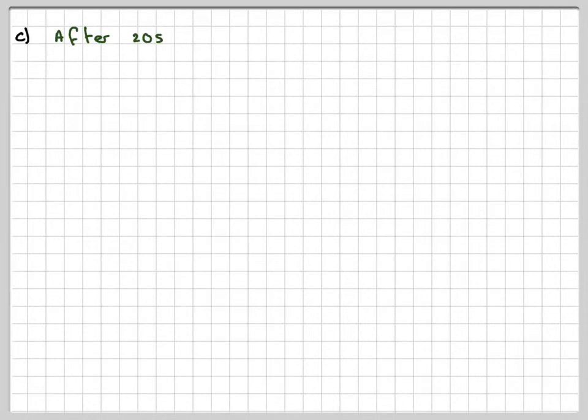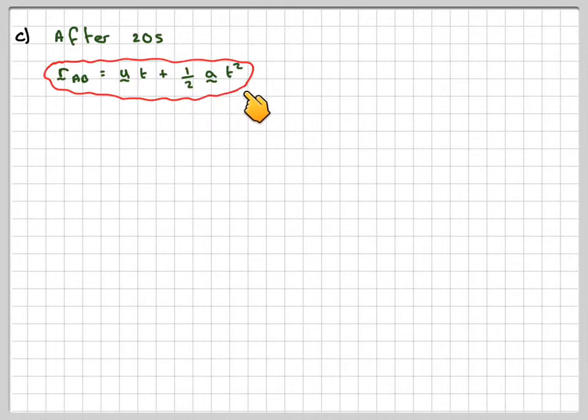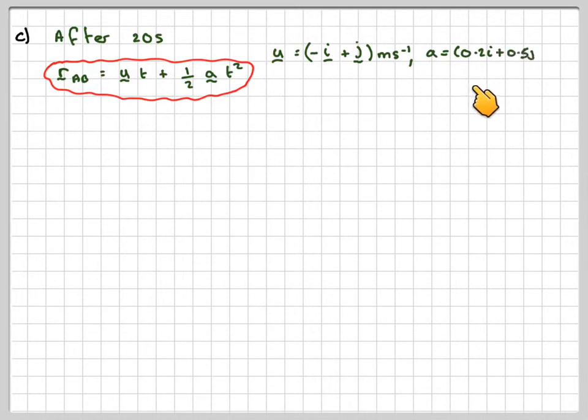After 20 seconds, r_AB is going to be equal to ut plus half at squared, using the SUVAT equations. u, the initial velocity, is -i + j, and a will be 0.2i - 0.5j meters per second squared. We're going to find the vector AB, because it starts at A and we want to know where it is after 20 seconds.